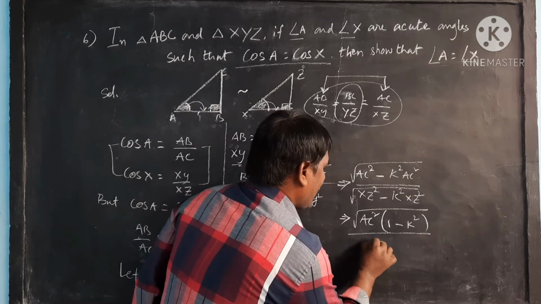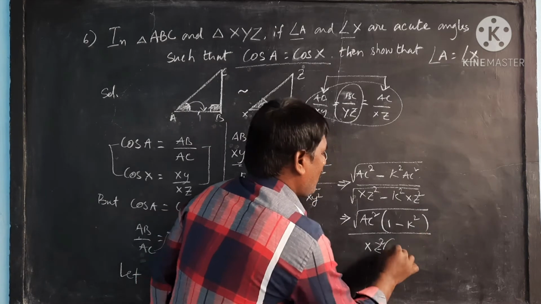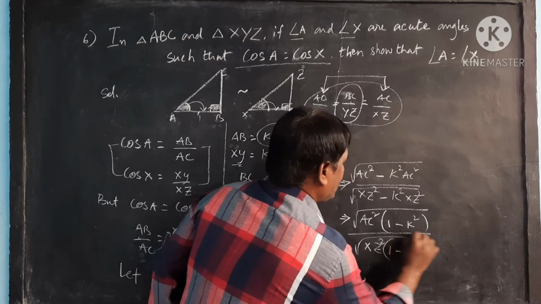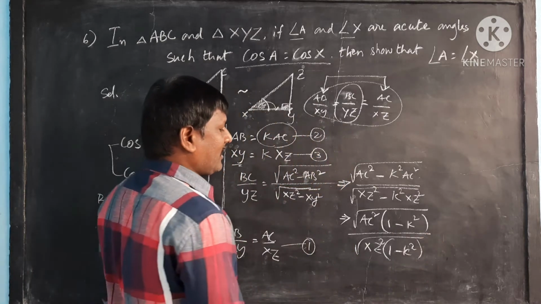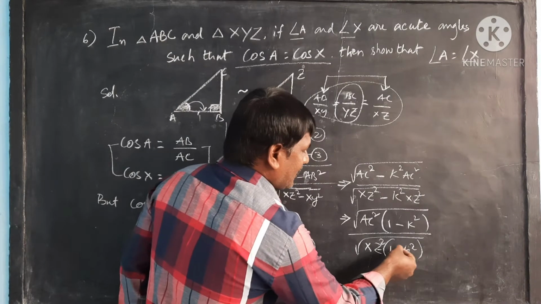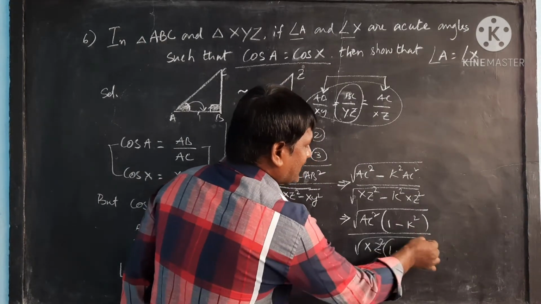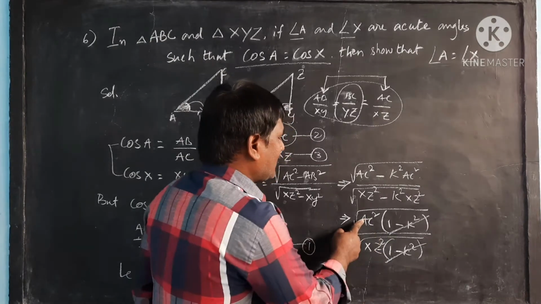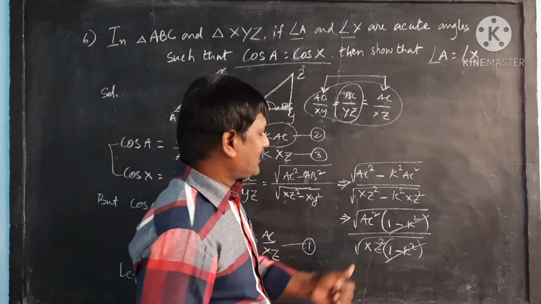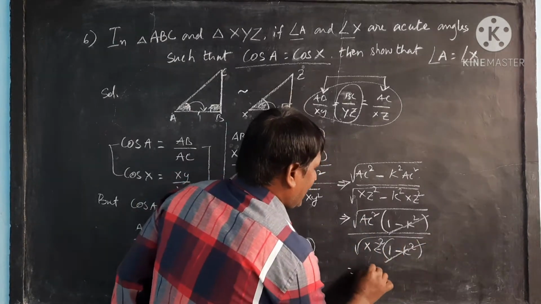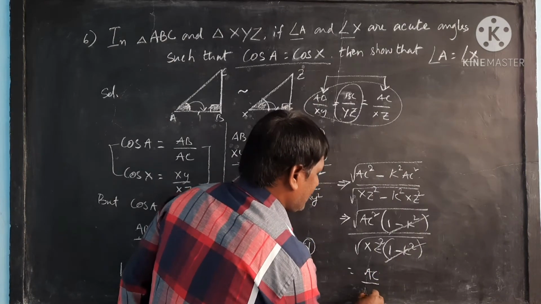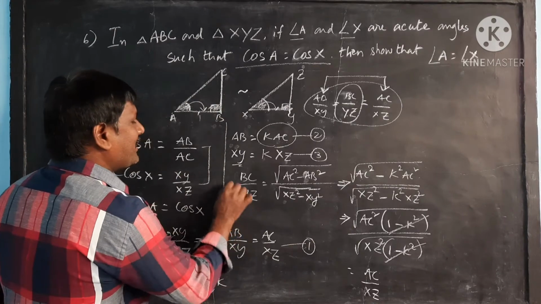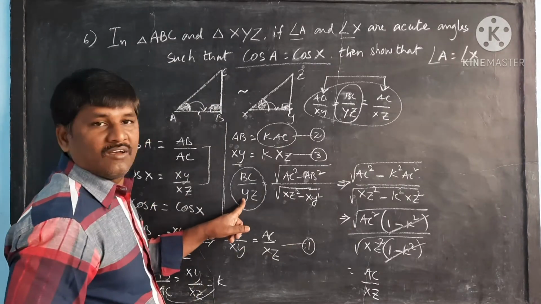Similarly, XZ square into 1 minus K square under root. Now you can cancel the root of 1 minus K square. Then we get the root of AC square by the root of XZ square, which is AC by XZ. Right? So this is equal to BC by YZ.